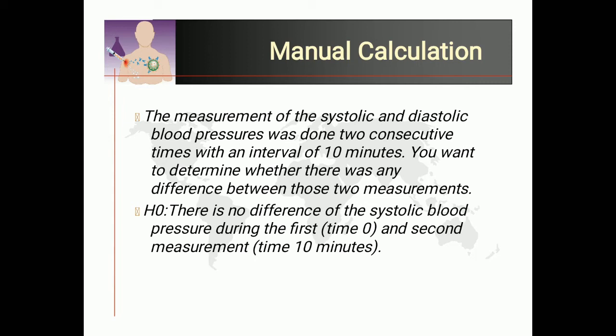Blood pressure is measured two consecutive times with an interval of 10 minutes, and you want to determine whether there was any difference between those two measurements. So here the null hypothesis is that there is no difference in systolic blood pressure between the first measurement at time 0 and the second measurement at 10 minutes.